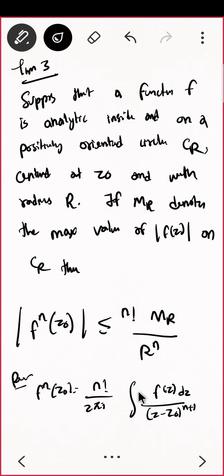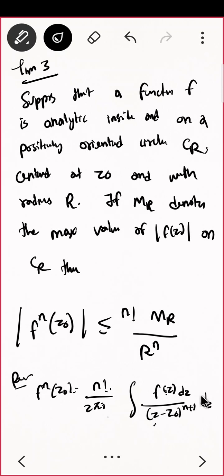Taking the mod, it will be mod under this and that will be MR, and you can just solve that. It will be something times 2 pi r, and below it r raised to n plus 1 will come, here M will come, and that will be 2 pi i. So 2 pi i gets cancelled, and you'll be having n factorial M upon r raised to n, correct.